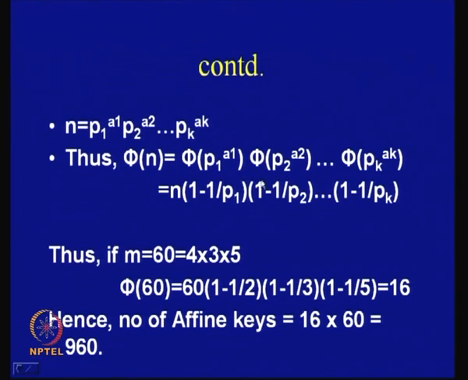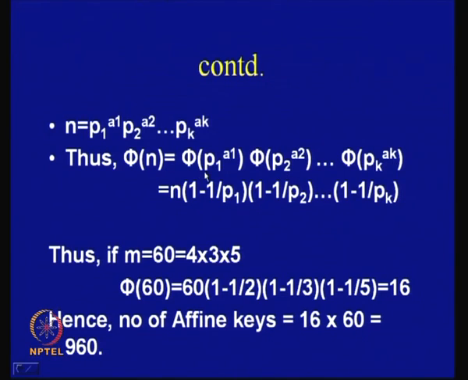You can apply the formula phi of mn equals phi of m into phi of n when m and n are co-prime, successively, iteratively over more than 2 values, and therefore you get this particular equation.